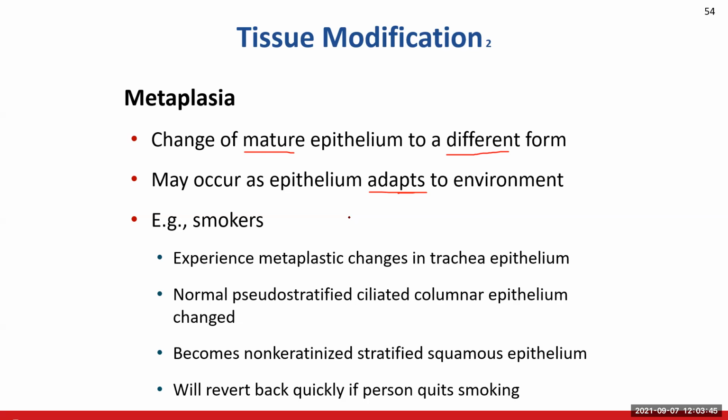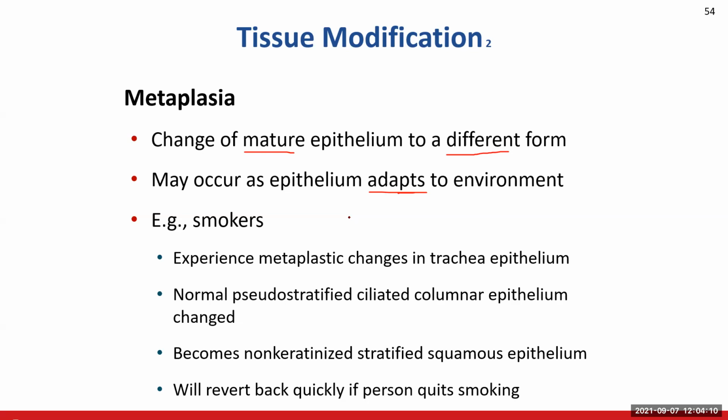Wonderful. But for smokers, over time, that pseudostratified ciliated columnar epithelium goes away and it converts into non-keratinized stratified squamous epithelium. Completely different cell type. We went from columnar, taller than wide, to flat, squamous.